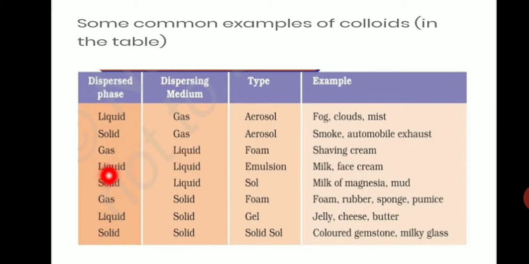Next is liquid in liquid medium. It's a common solution, emulsion. So an emulsion is a colloid in which a liquid is dispersed in another liquid. Minute droplets of one liquid are dispersed in another liquid which is not miscible with it.